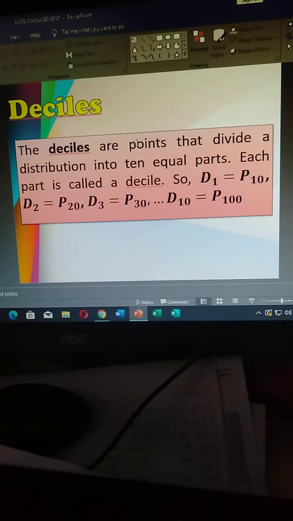When we say decile, is a point that divides a distribution into 10 equal parts. Diba yung ginawa natin kanina? So, D1 is equal to P10, D2 is equal to P20, and so on and so forth hanggang ma-reach yung D10 which is equivalent to P100.